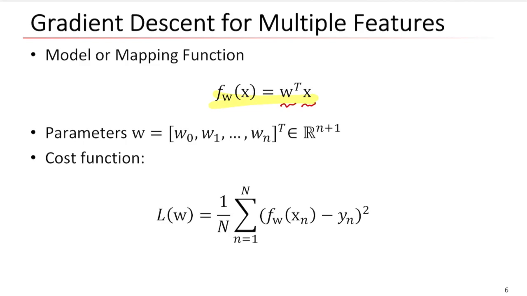So this is the parameter vector consisting of w0, w1 through wn.